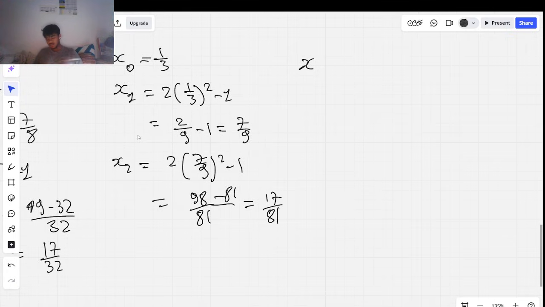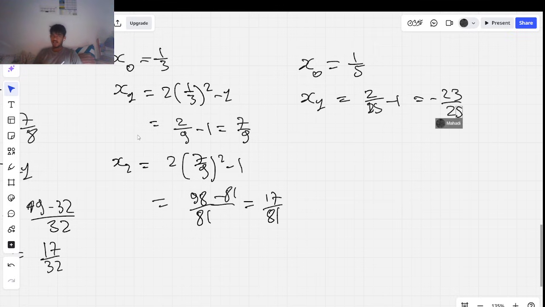Perhaps let me try a different x naught. x naught a fifth. This one is going to be 2 over 25 minus 1, which is equal to 2 minus 25, which is minus 23 over 25.